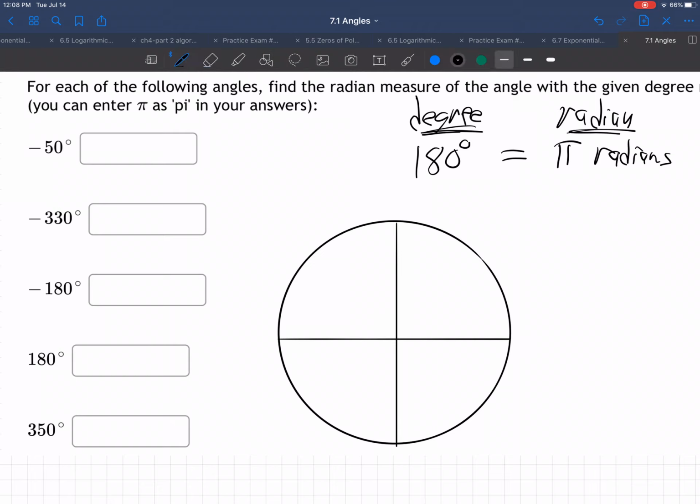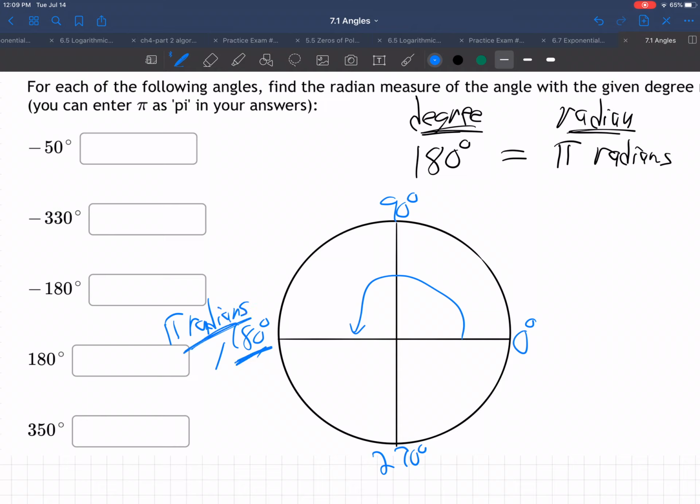So halfway around the circle, this is 0 degrees. Halfway around is 180, you probably know, right? 180 degrees. And this is 90 degrees, and this is 270. Well, that's also pi radians. So pi radians is the same as 180 degrees.